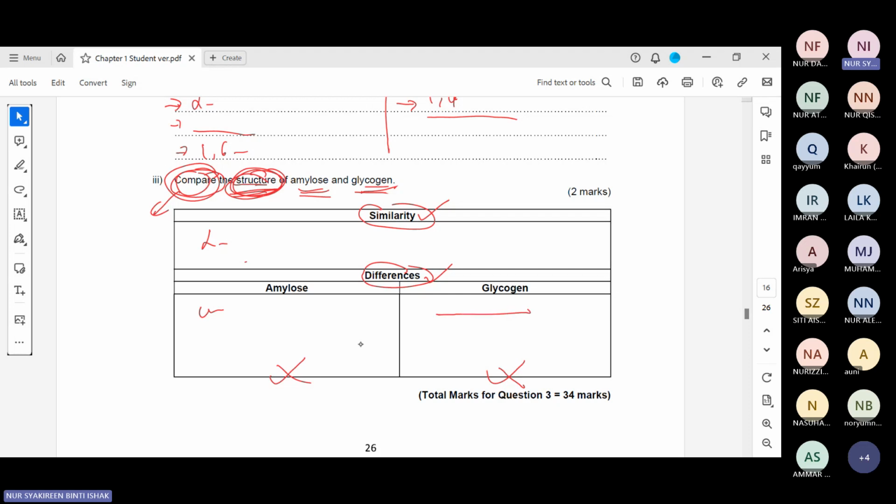Okay, it is highly branched. That is structure. And then another point you can add is that inside amylose there are only 1,4 glycosidic bonds between the glucose, but glycogen has 1,4 and also 1,6, which gives the branches. Okay.